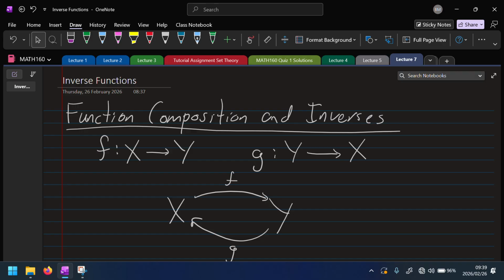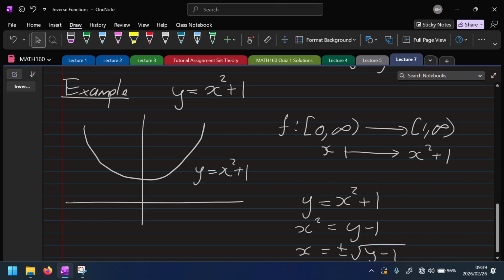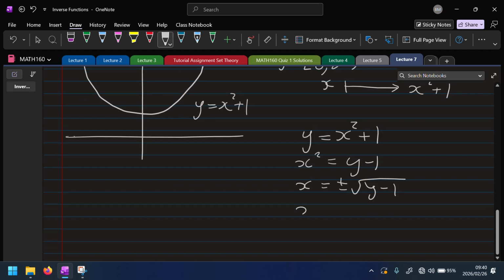Now let's have a look at what we wrote here. f goes from x to y, and g, or f inverse, goes from y to x. So this is the output for the inverse. The output is always positive. So which one do we pick? The positive one. And you'll see something quite interesting in a bit.